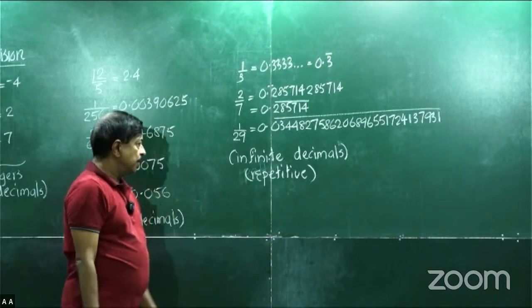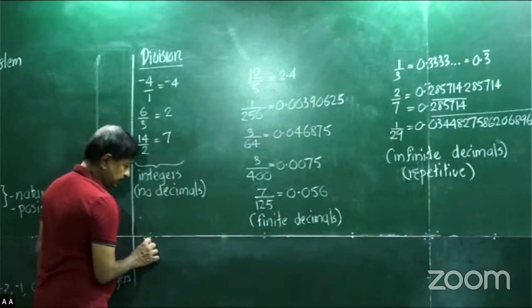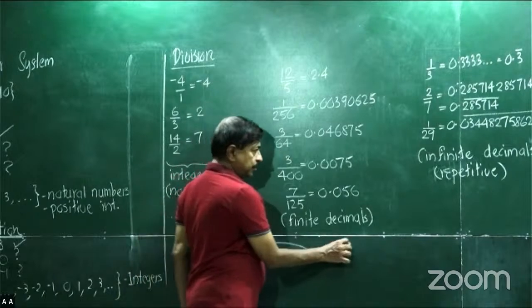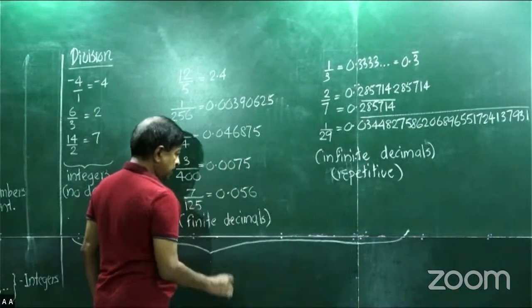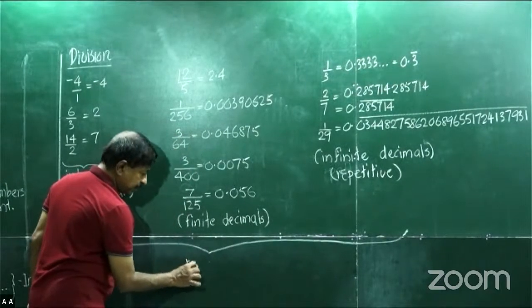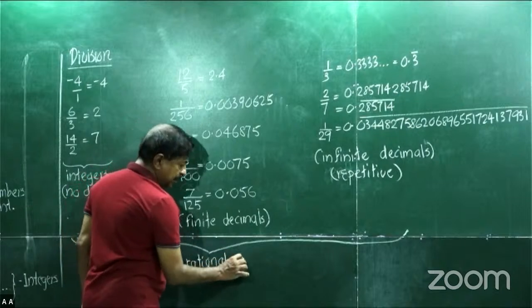So these are called rational numbers. There's a ratio.